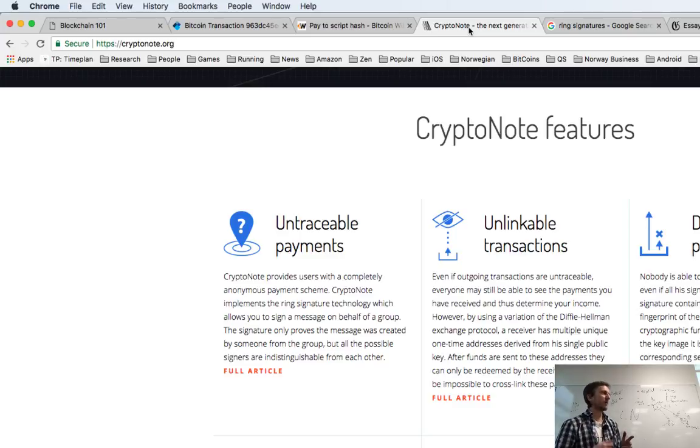We have a PhD position for cryptocurrency tracking, for which we're looking for candidates with a master's degree. And we have two master projects currently being run in terms of anonymity and some of the cryptocurrencies which are used for banks and for government.